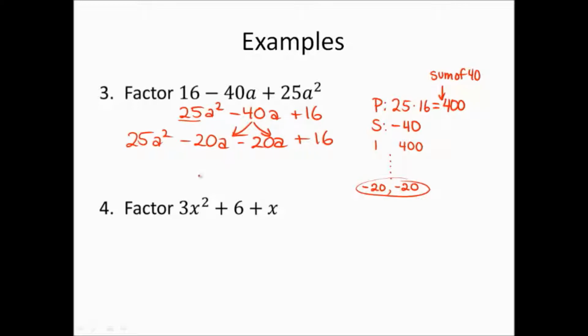Step 1. Step 2 is to do grouping. So what is the greatest common factor between 25a squared and 20a? Well, we've got 5a that comes out, leaving us with 5a minus 4. Now here, because we want the first term in the bracket to be the same bracket, we want to take out the negative to change both signs.